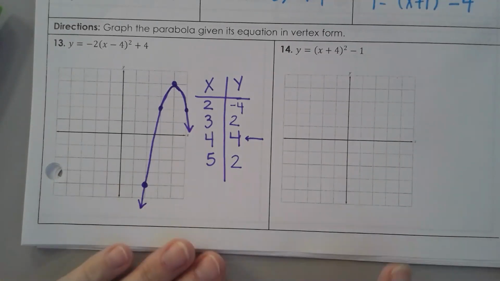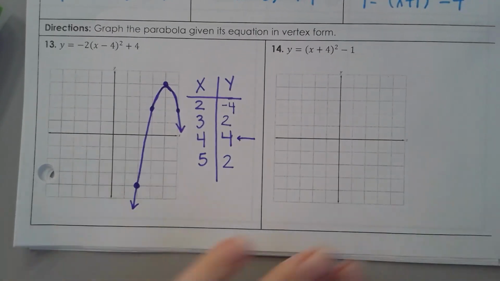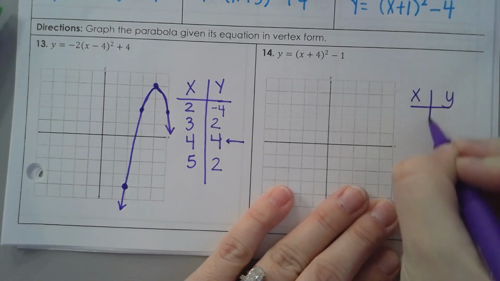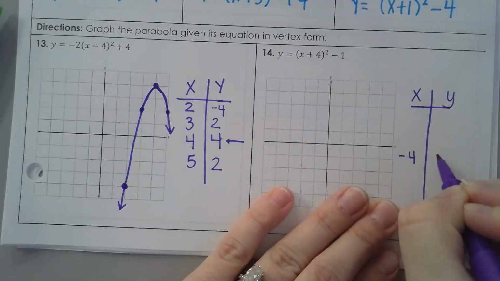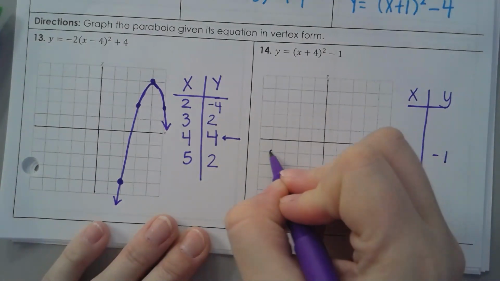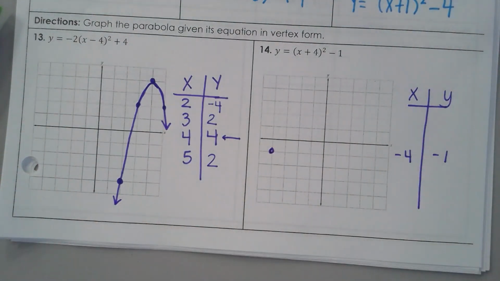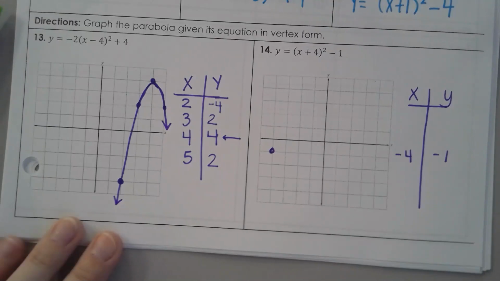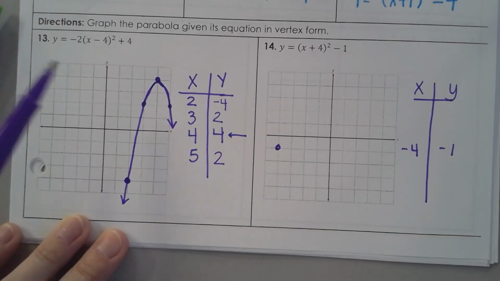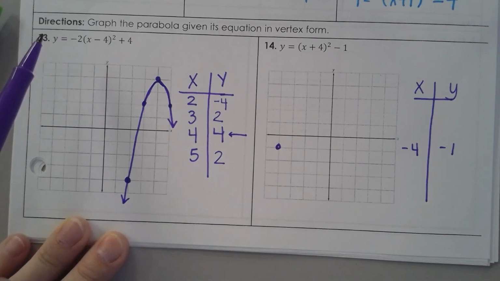So let's look at number 14. What's the vertex? -4, -1. Now if we look back at 13, notice the arrows pointed down. It did that because the number in the front was a negative number.